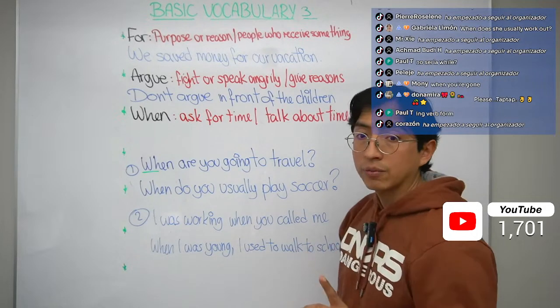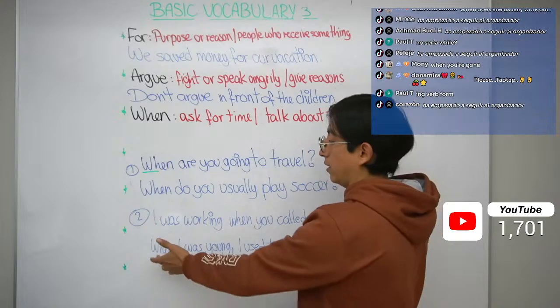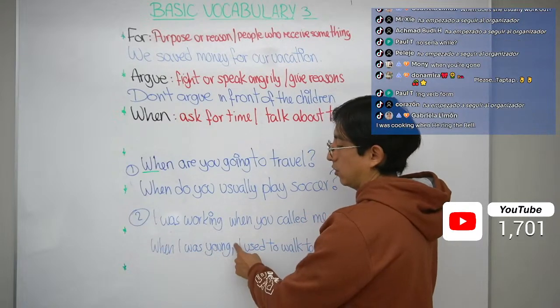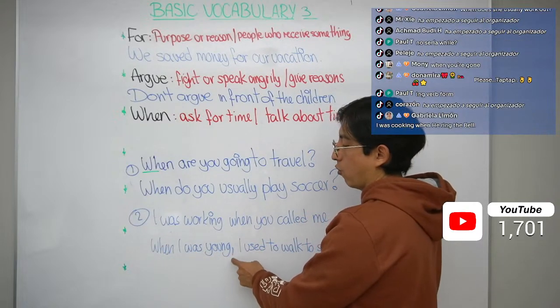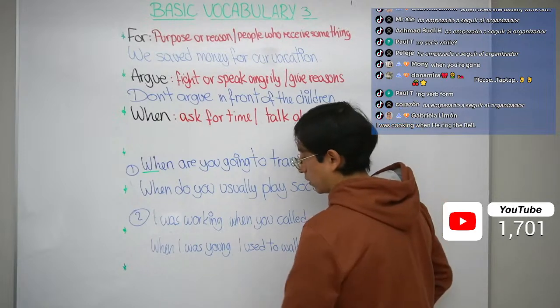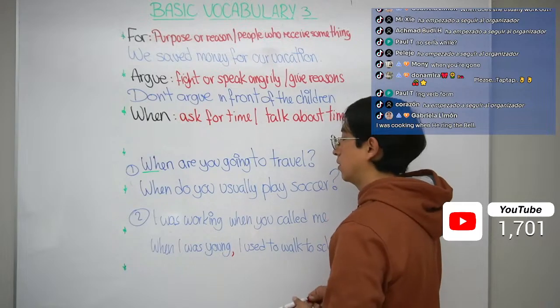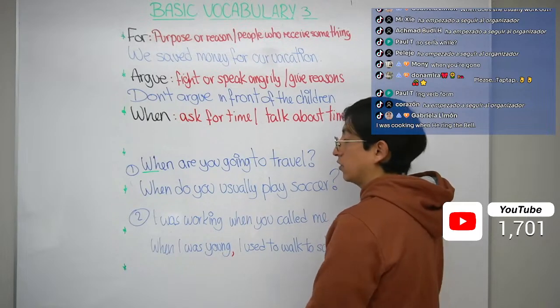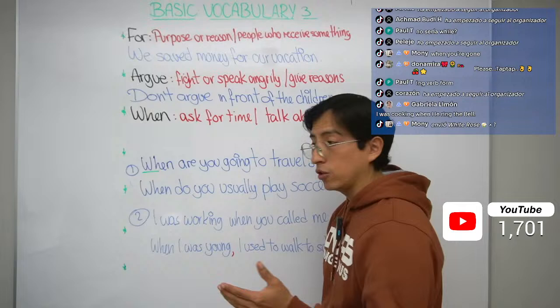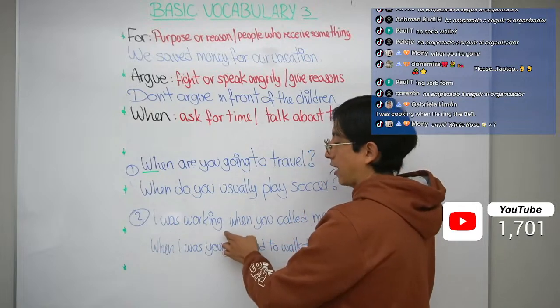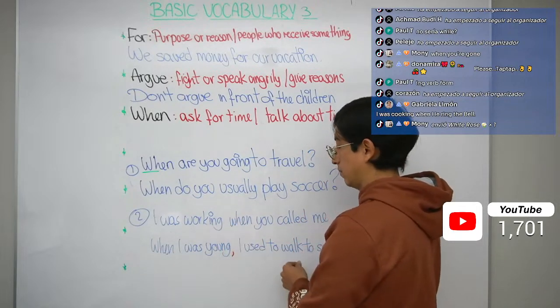Now, be careful, guys, because when you use when at the beginning, you need to use a comma here. In some cases, it is better to use the first action here: I was working.